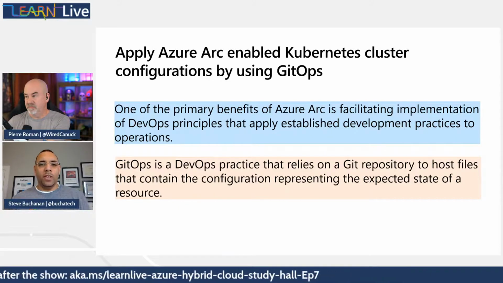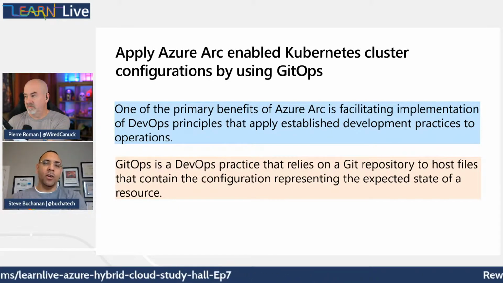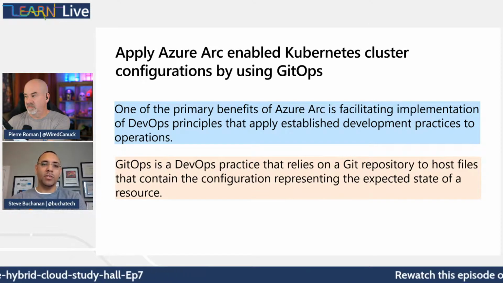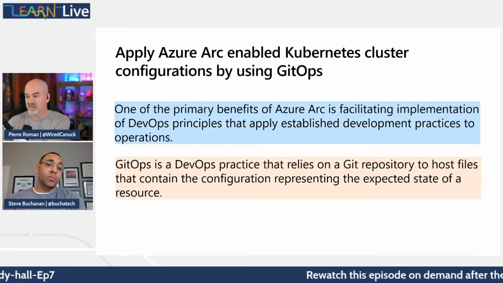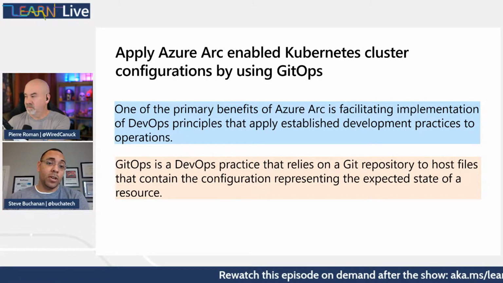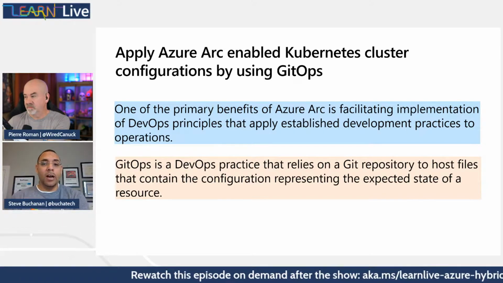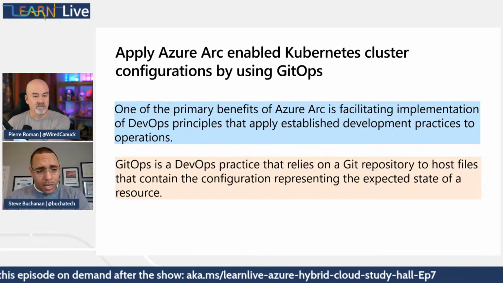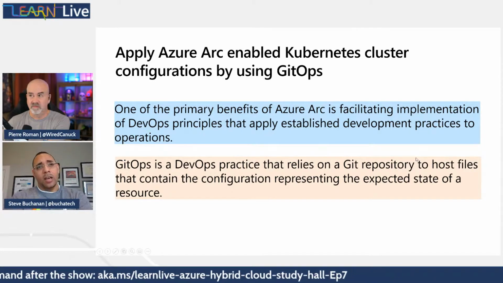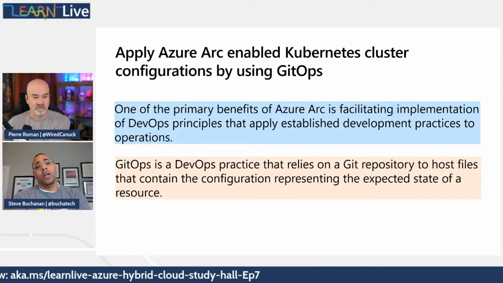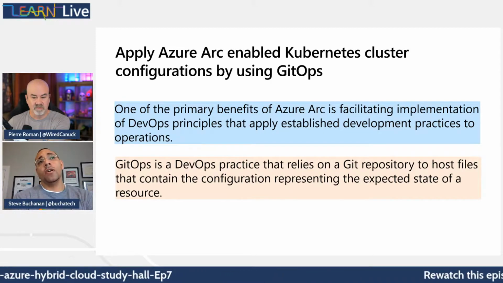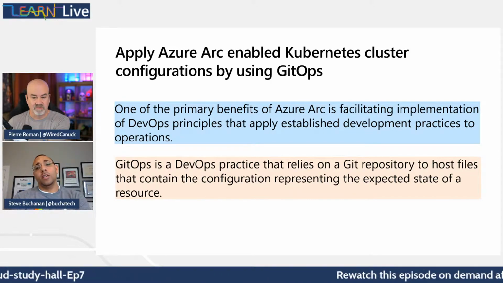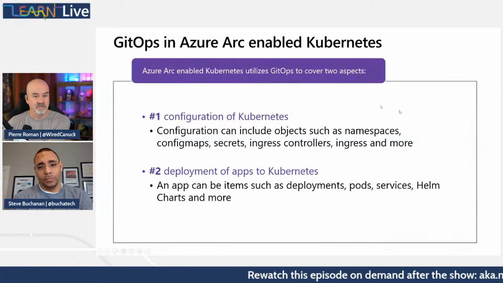So some of the benefits of Azure Arc leveraging GitOps is being able to implement your configurations. So basically being able to implement GitOps on your Kubernetes clusters through Azure Arc. And let's go to the next slide here.